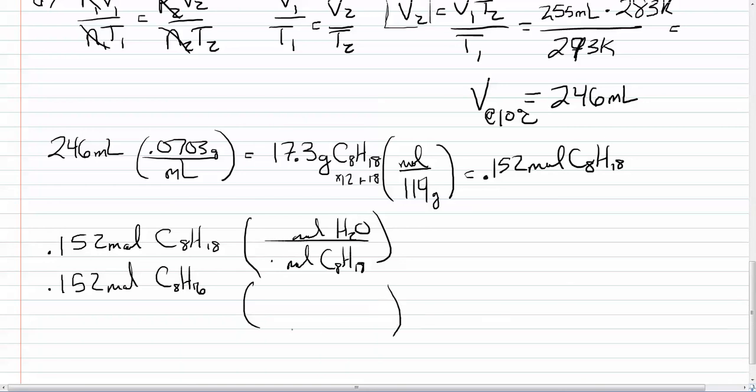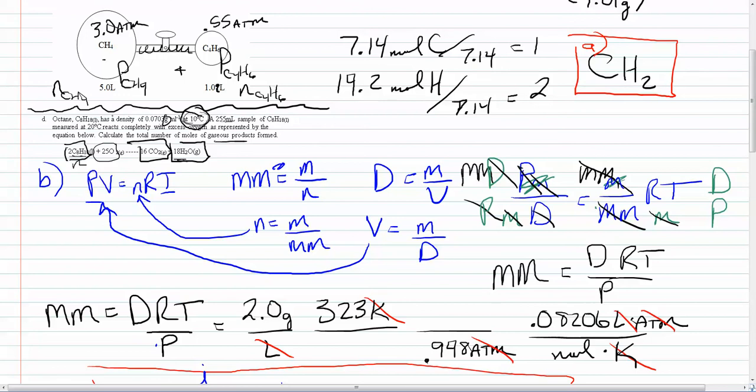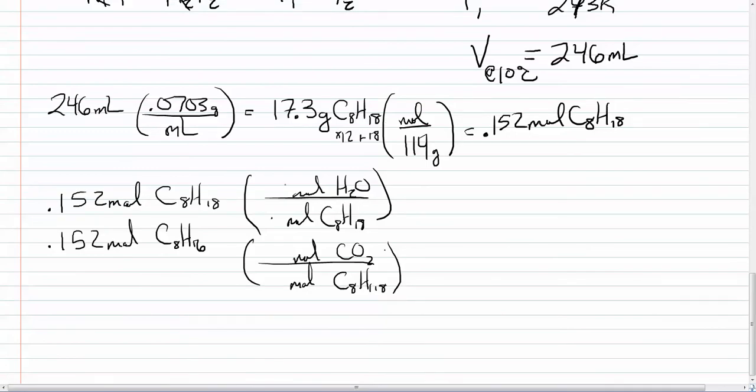And then our second one is going to be the same thing, only the top's not going to be H2O, it's going to be the CO2, because we have to find both parts, over moles of CO2. Now we've got to make sure our coefficients are right: 2 for the C8H18, 16 for CO2, and 18 for water.